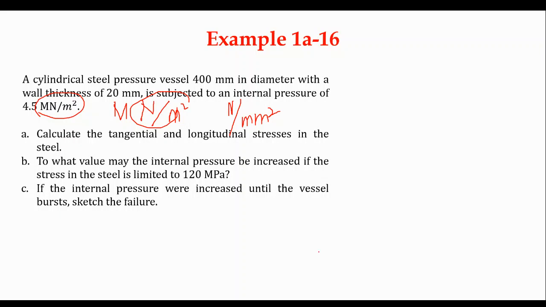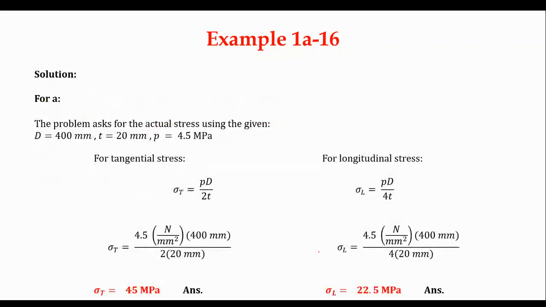Okay, so let's have it. The given: 400 millimeter diameter, thickness 20, the pressure inside the pipe, 4.5 megapascal. So, substitute, guys. The mm cancels, what comes out is the unit of pressure or stress, Newton per mm squared, so 45 megapascal.